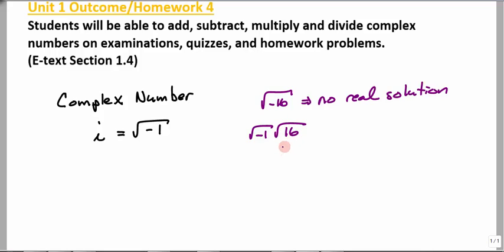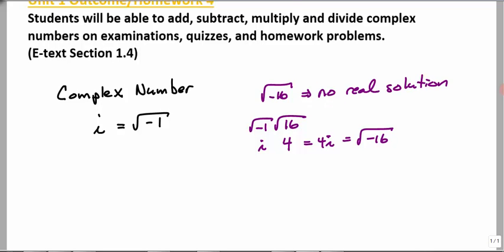So the square root of 16 we know is 4. And then this, I couldn't deal with this. This is not a real number. It's called a complex number, so that's why we're in a new number system. The square root of -1 is i, so I get 4i here then for the square root of a -16. So that's where the complex number comes into play.